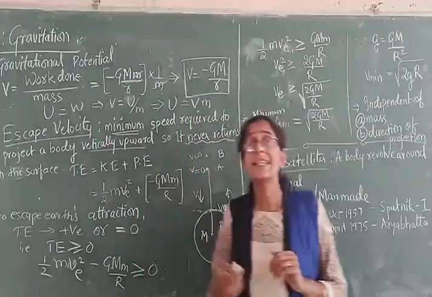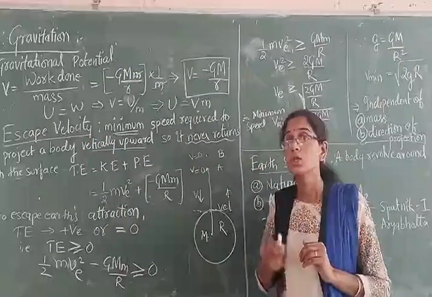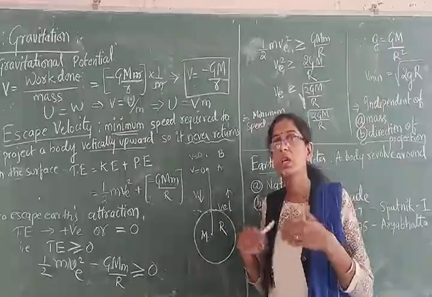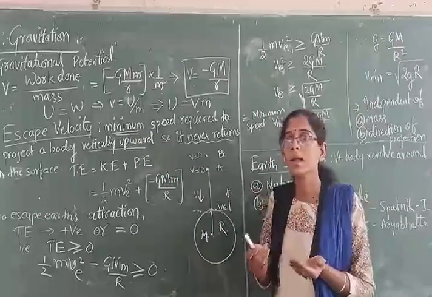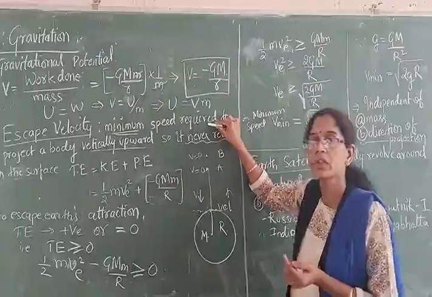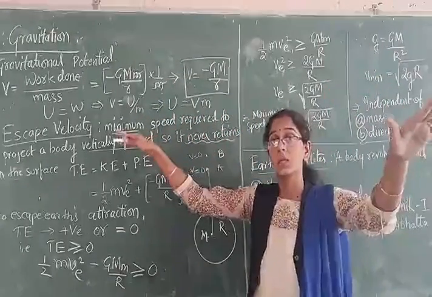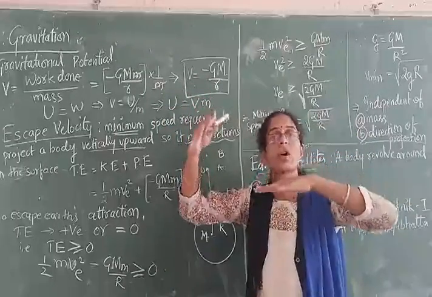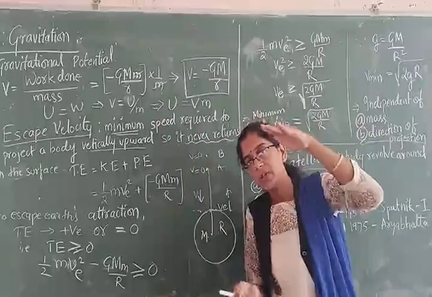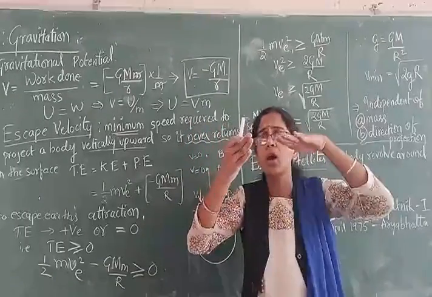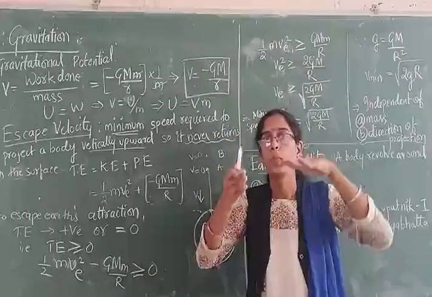See that we have used the term minimum. If the energy or the velocity is more than that, it will go out of the Earth's gravitational pull, and the remaining energy will be used to move again in space. So we don't want that extra energy. We want enough or sufficient energy so that it will just come out of the Earth's gravitational pull.